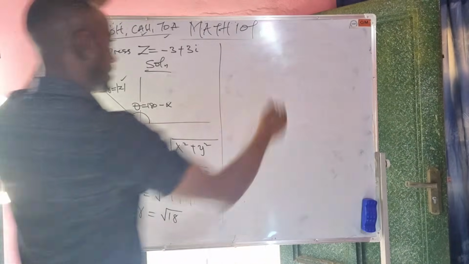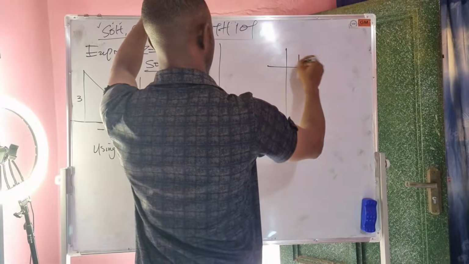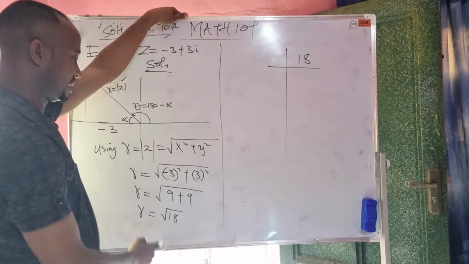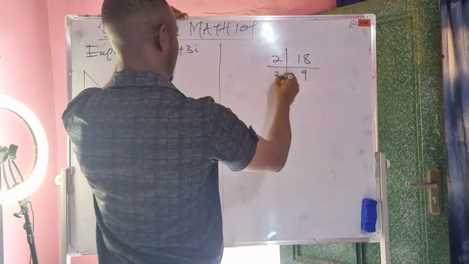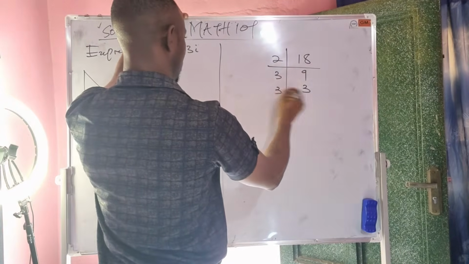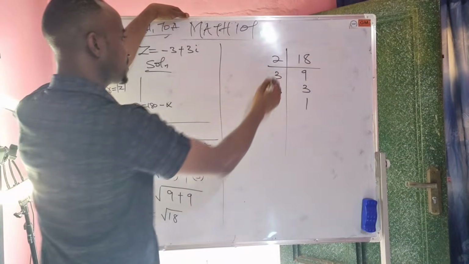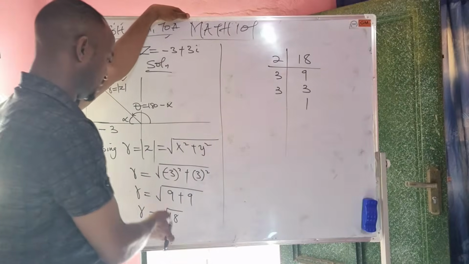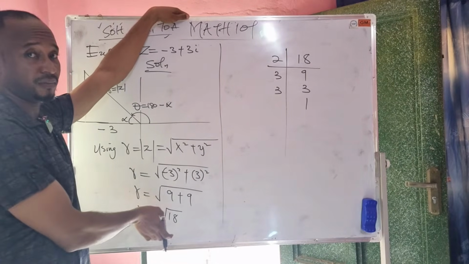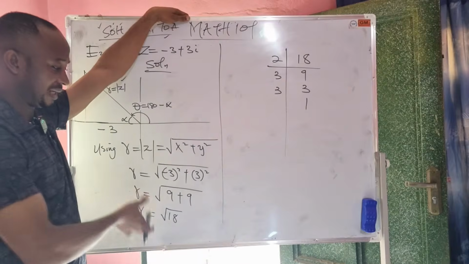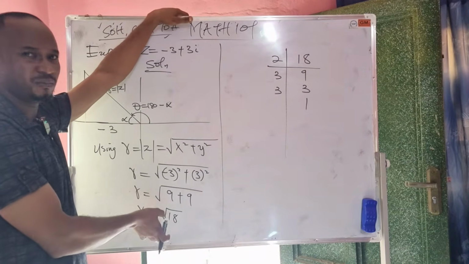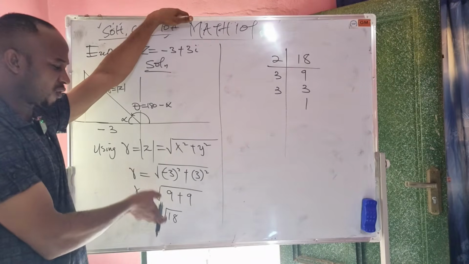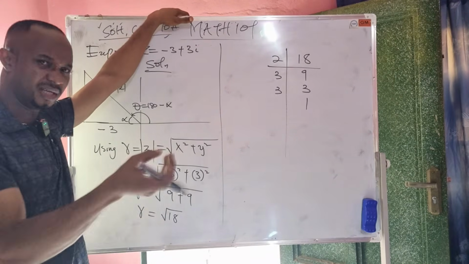Let's see how we can reduce 18 to the basic form. I would like to teach the online students how to reduce this to basic form. We call this the complex form of a surd, and we want to convert from complex form to basic form.